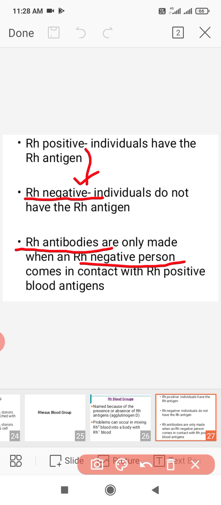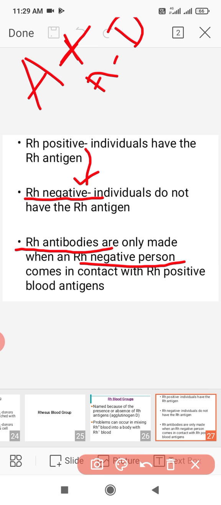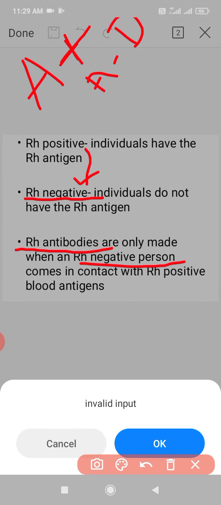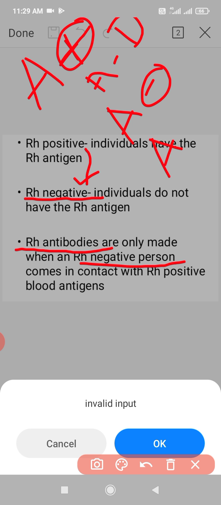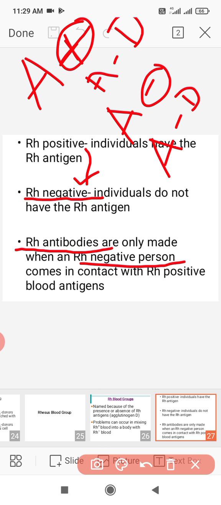So I will give an example. In an A positive person, positive means antigen D is present. In an A negative person, antigen D is not present.